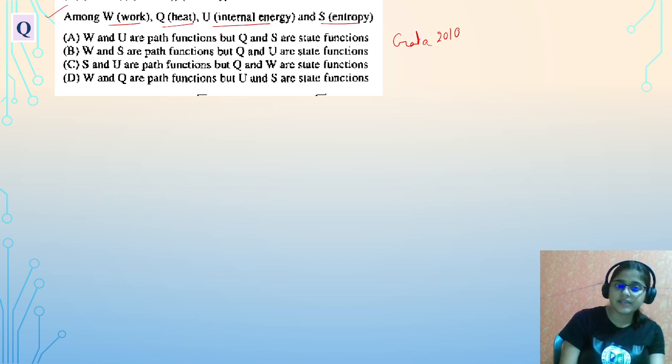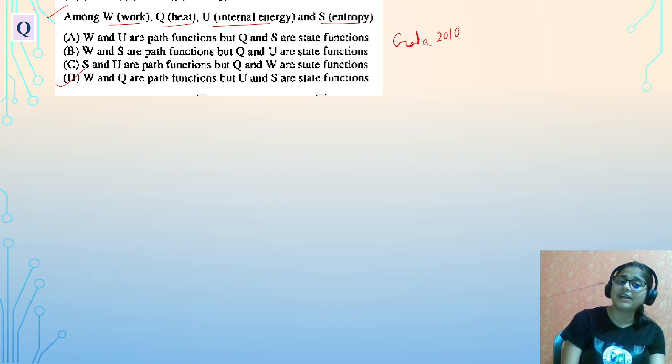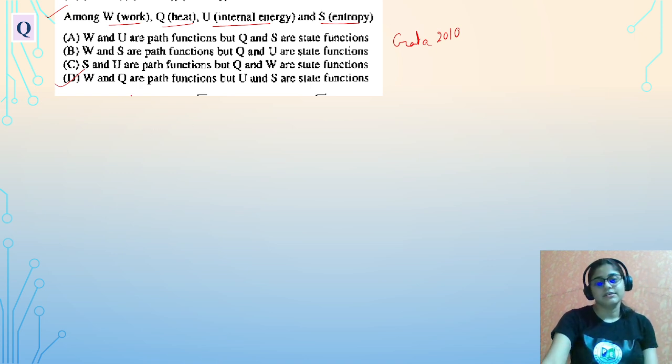We know that these are path functions, right? They depend on the path. So W and Q are path functions where it is given. Here, see, we don't have to know about the entropy and what the internal energy is. If we know only what the path functions are, the rest we can find out. Okay. So D will be the correct answer here.